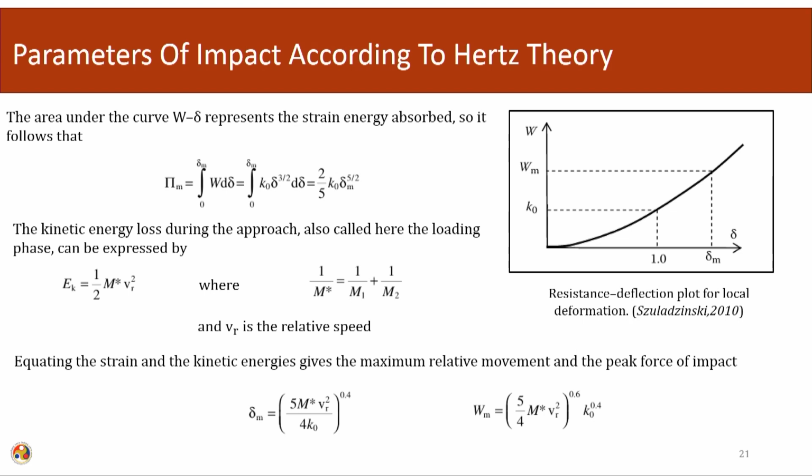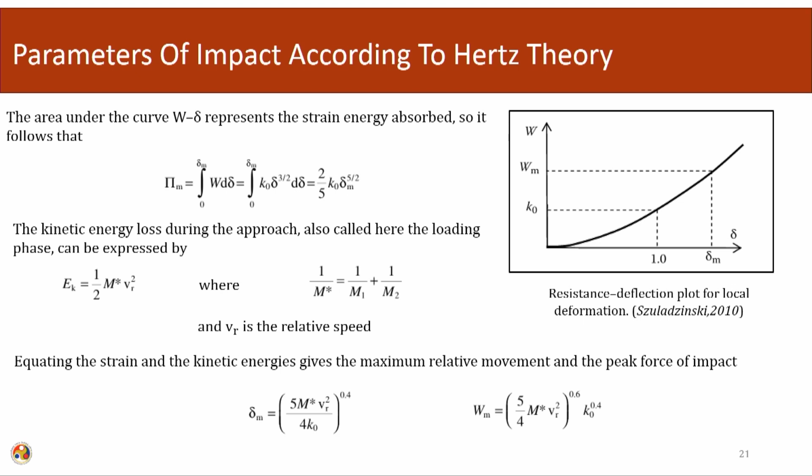The kinetic energy loss during the approach or the loading phase is expressed by Ek equals half m star Vr square, okay, where m star is the effective mass of the system, that is the total mass engaged of the two bodies, okay, and Vr is nothing but the relative speed.